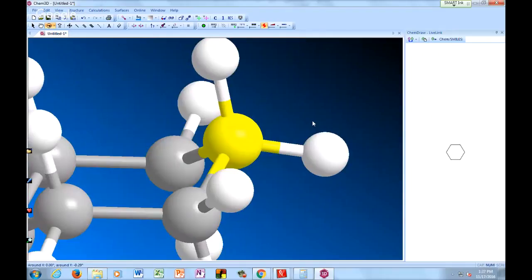Because it can relax and bend like that, it has the ideal bond angle and doesn't have to stretch at all. If it were flat, it would have to stretch a little, but because it can move around like this, it has those same bond angles. So that one's especially stable.